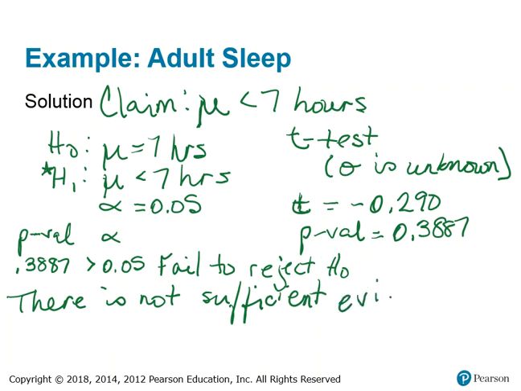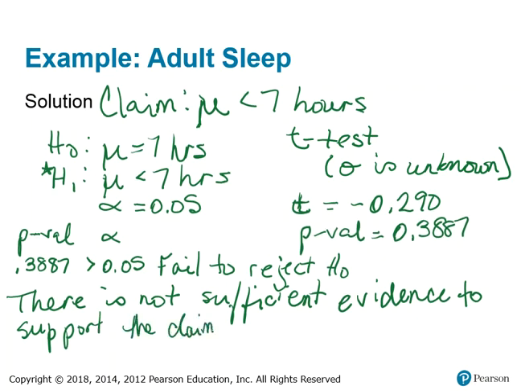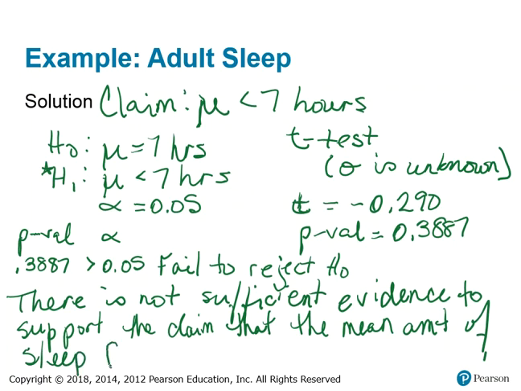There is not sufficient evidence to support the claim that the mean amount of sleep for adults is less than 7 hours.